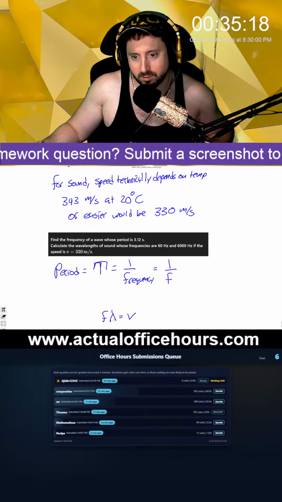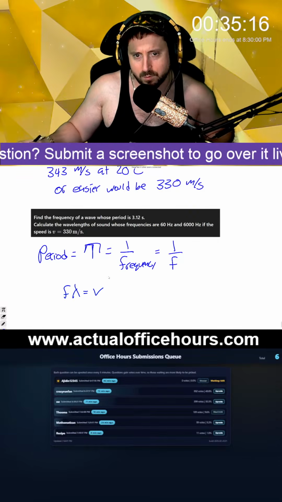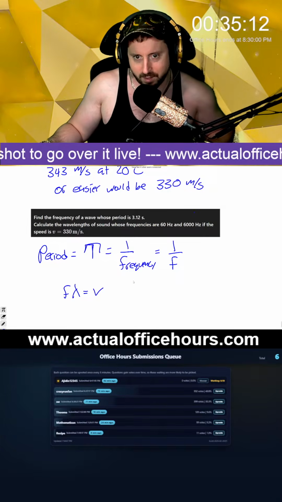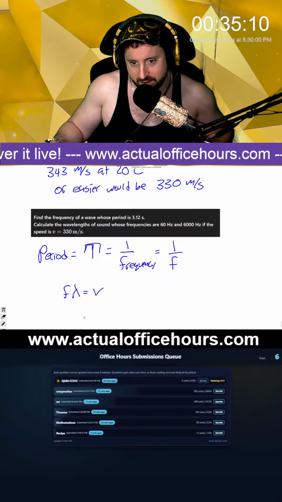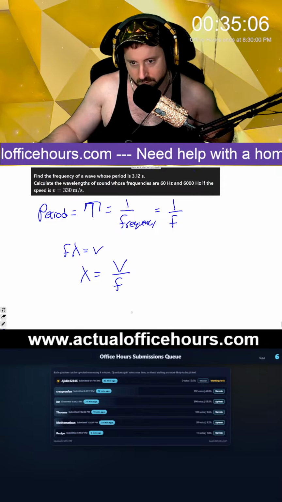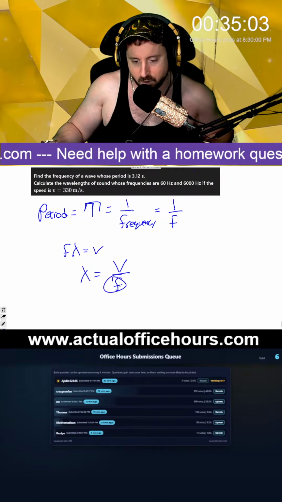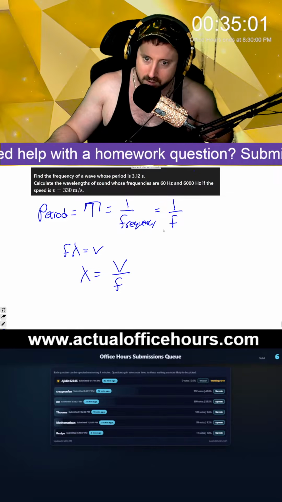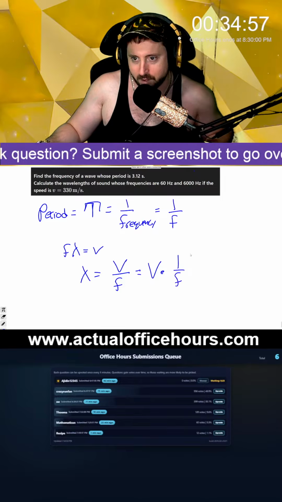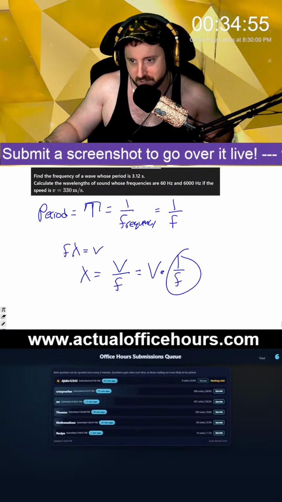Okay, cool. So, if we know the period is 3.12 seconds and we want to figure out the wavelength, that's going to be equal to V over F, speed over the frequency. But actually the cool thing here is that's the same thing as V times 1 over F, and 1 over F is also just the period.